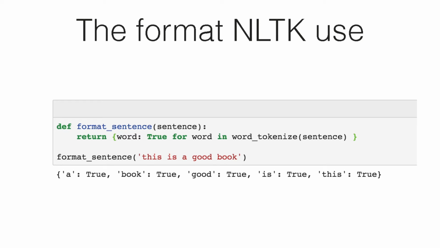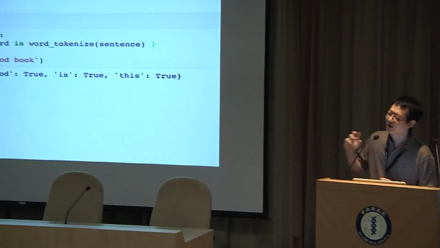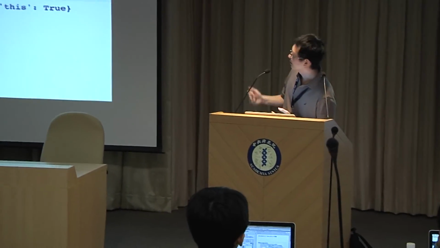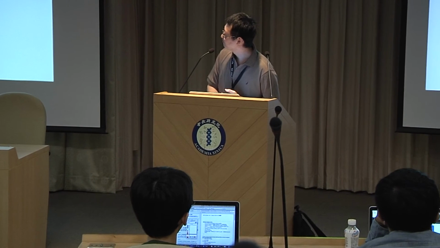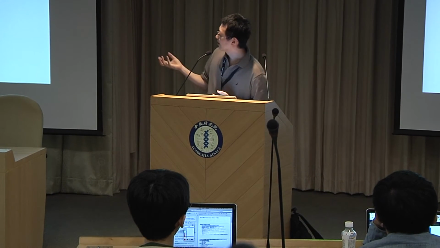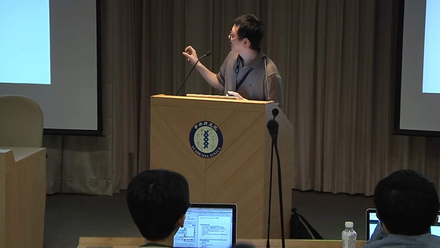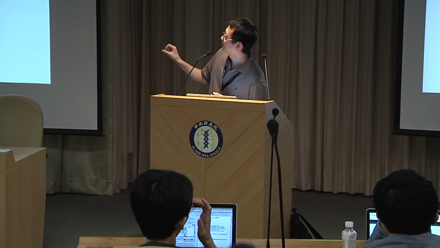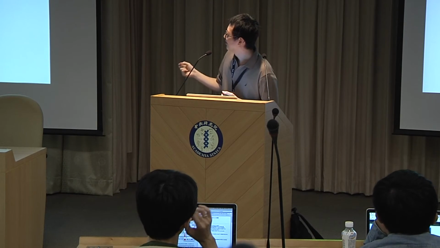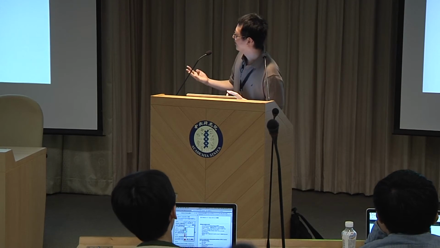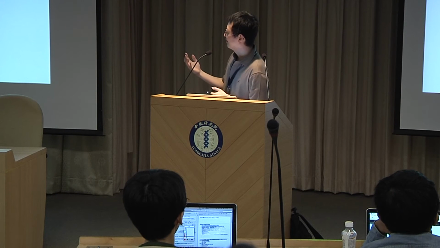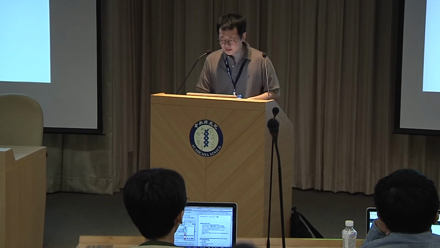For example, for "this is a good book," in NLTK we have to convert it to a Python dictionary. The key is the word, and the value is just a boolean, which here is simply true. So you have 4 keys, and the values are all true.